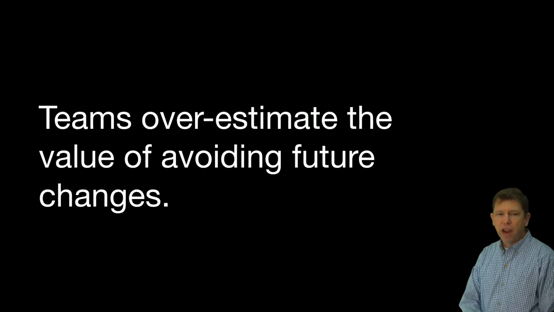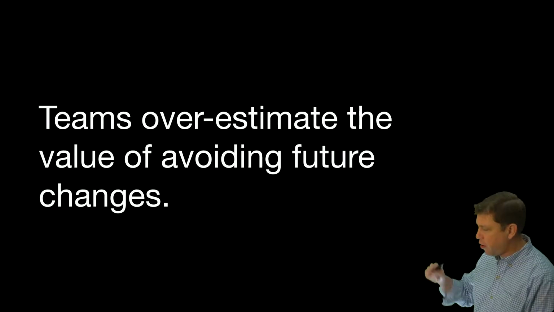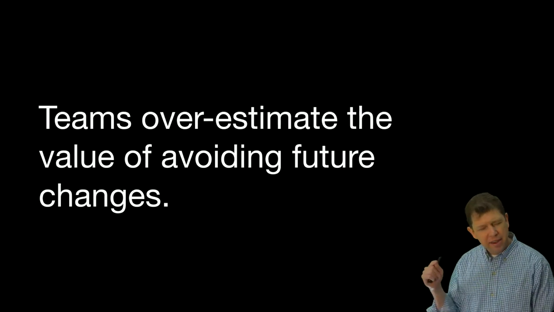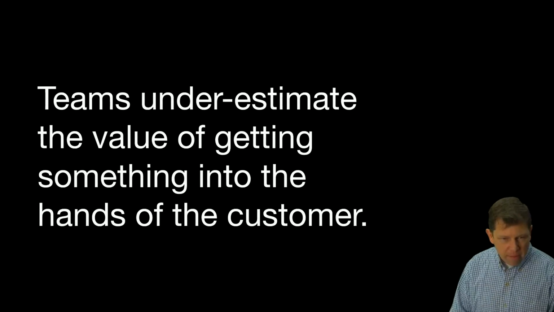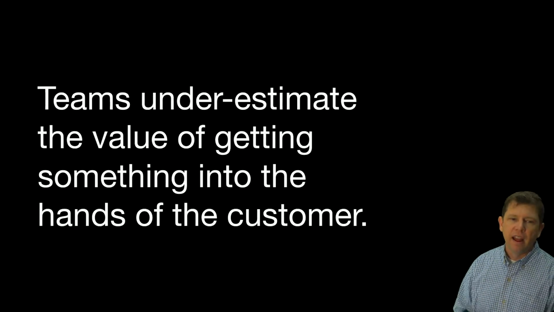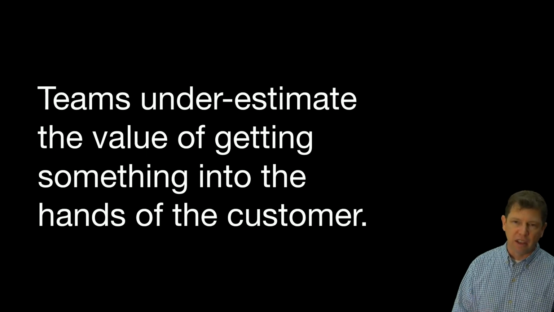Okay, teams overestimate the value of avoiding future changes. So we want to do this now so we don't have to make changes later. And yes, intellectually, I understand why that's the case, but it also means if people are thinking like that, they're probably dramatically underestimating the value of getting something into the hands of the customer.